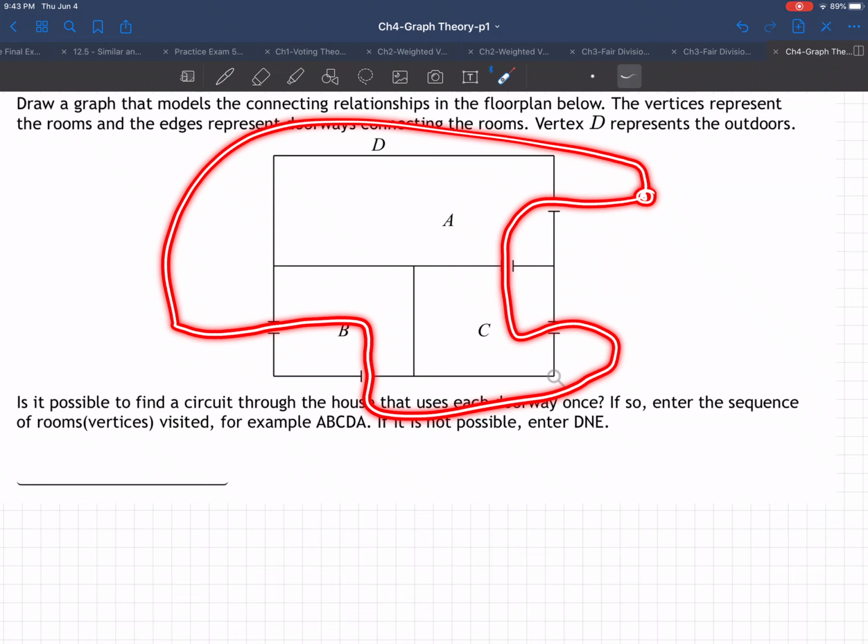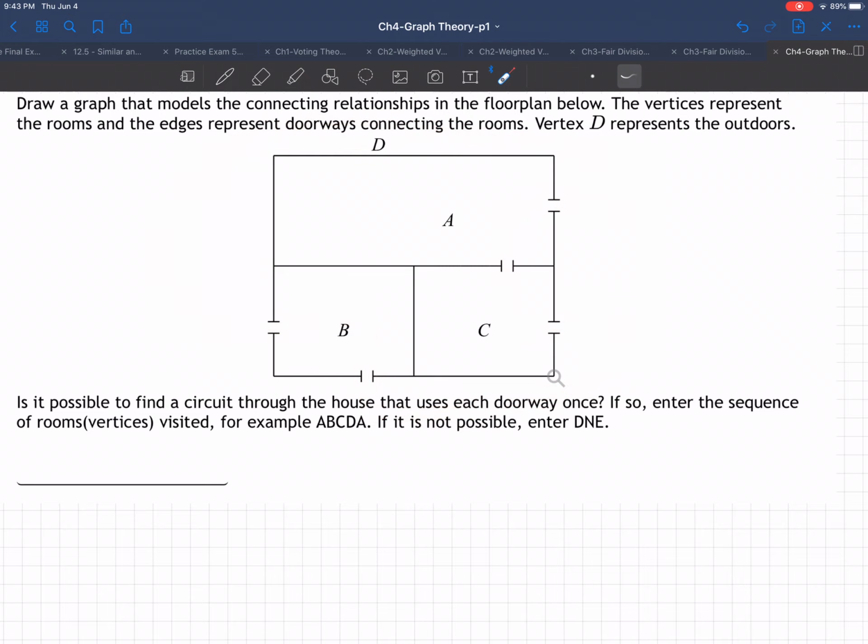So let me give you all the mathematical stuff behind this circuit that we can see is our answer. If they're harder, how are we going to be able to tell? Make each of these a point. So A is a point, D is a point, B is a point, C is a point.